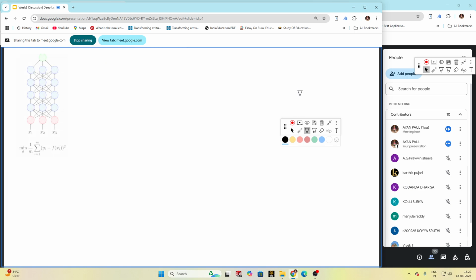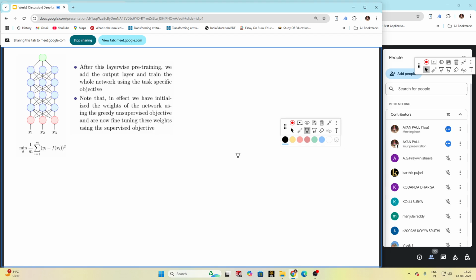The next step is something known as fine-tuning. Once you have learned all these layers, after this layer-wise pre-training, we add the output layer and train the whole network using the task-specific objective. Now we will give the labels. We will not do the unsupervised pre-training now. In the fine-tuning process, the second step, we supply the supervised objective.